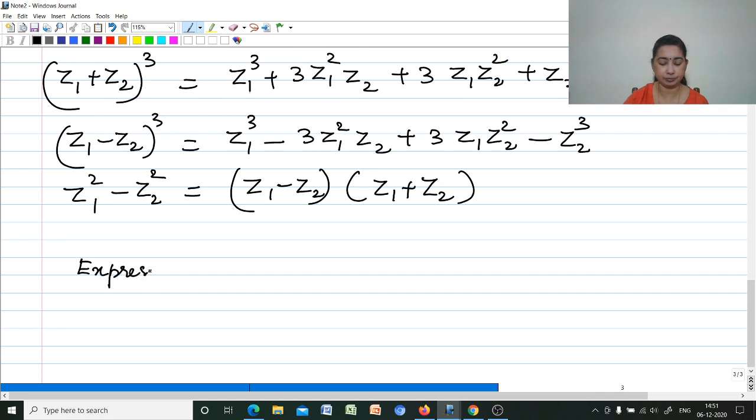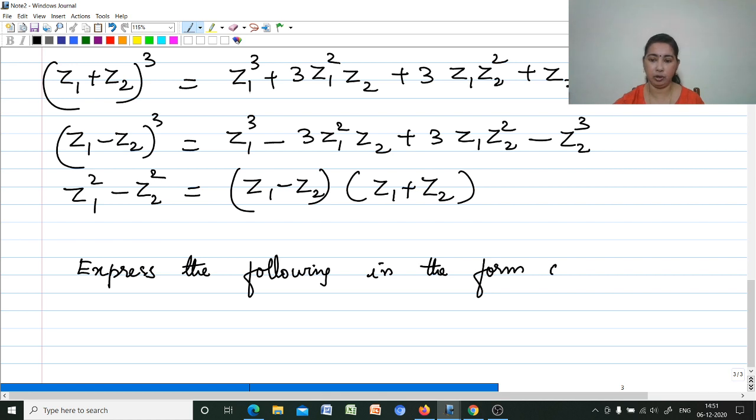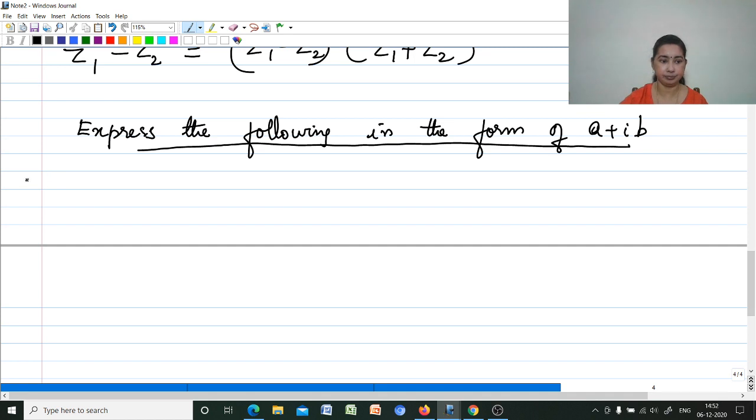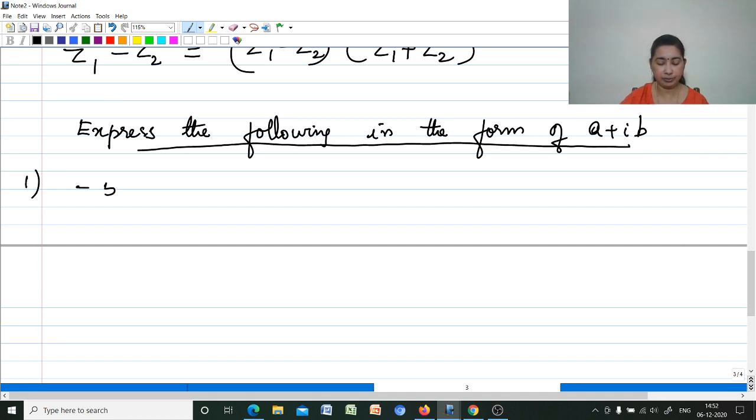Express the following in the form of a plus ib. First question: minus 5i into 1 by 8i.